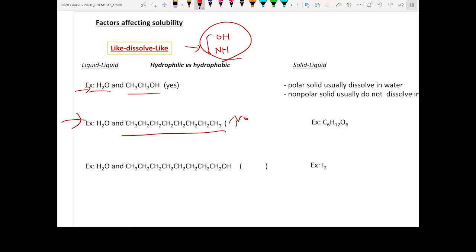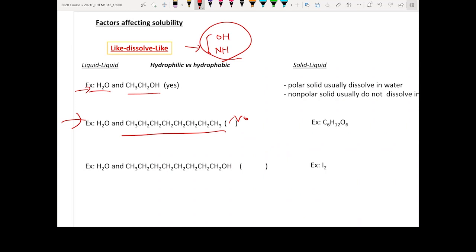The more carbon and hydrogen you have, the more hydrophobic it is. Therefore it doesn't like hydrophilic molecules like water, which is very hydrophilic. So in the second case, they are not going to dissolve with each other.